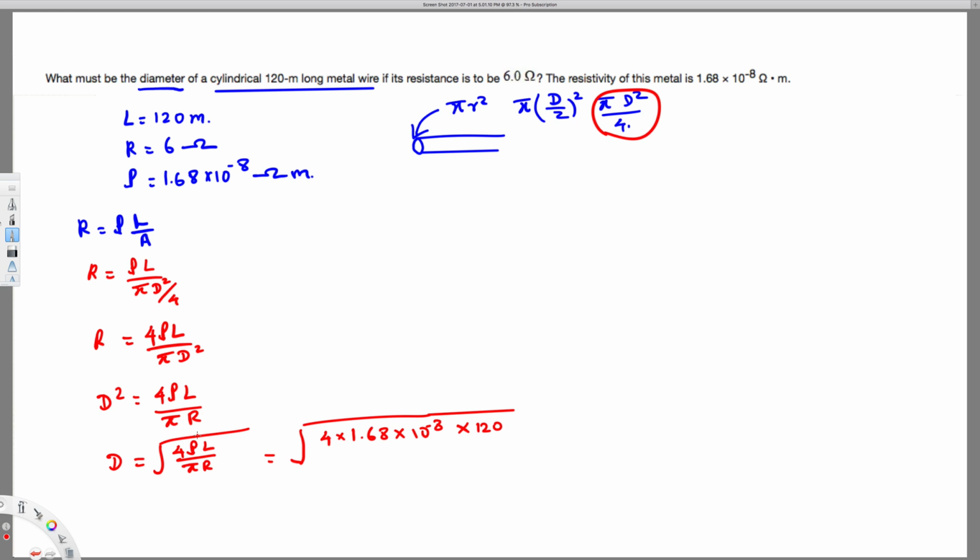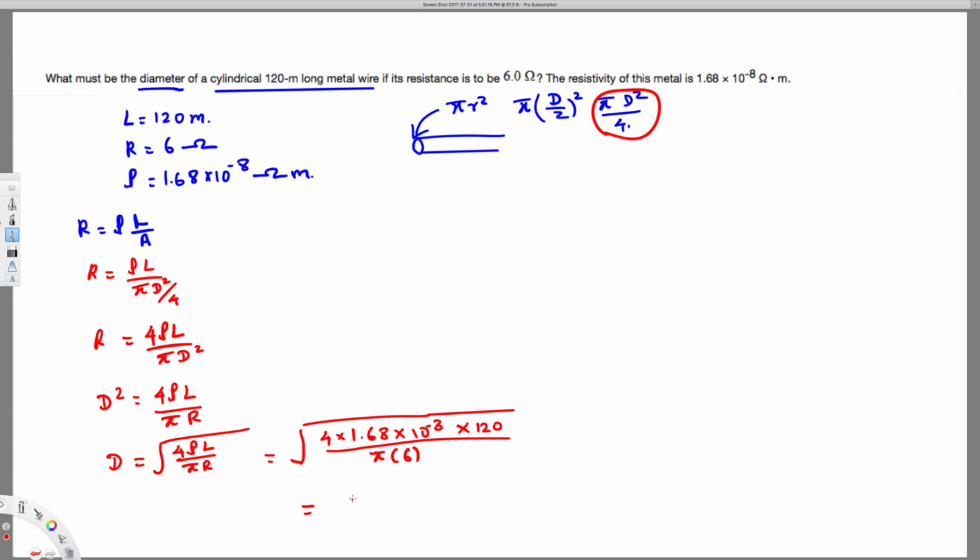So let's maintain everything in SI units. We have rho in SI unit, ohm meter, and we have the resistance in SI unit, that's ohm. And let's put the bottom values. We have pi right here, pi is a constant, and R, that is 6 ohm, right?